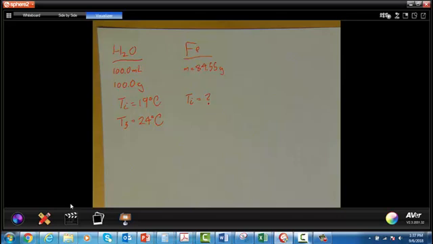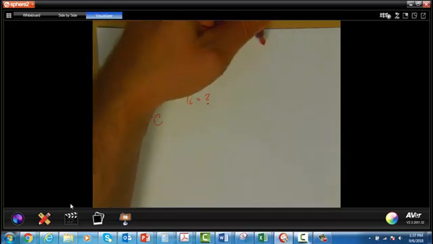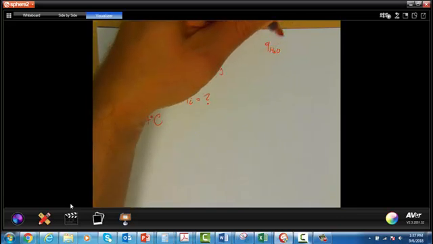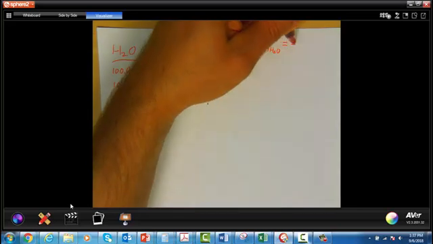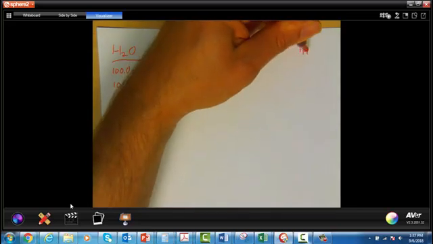Now before we can do too much more, there's some missing information here. So let's think about what we're trying to do. We're trying to say the heat gained by the water is equal to the heat lost by the iron.